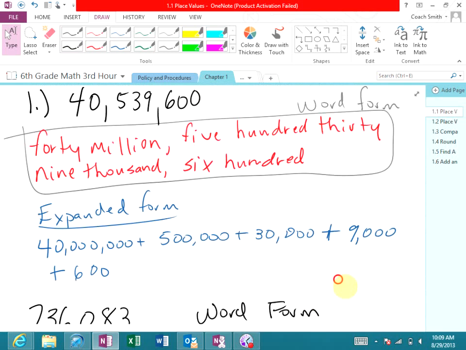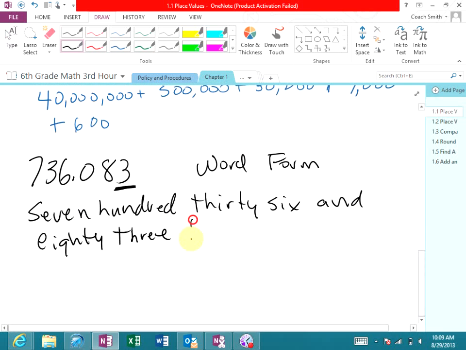So at the end of my word form, I must have the word thousandths. Always make sure that when you're talking decimals, you have the THS on the end of it. If you don't have the THS, it's going to be wrong, because then you're talking about $1,000 instead of less than a penny, basically.